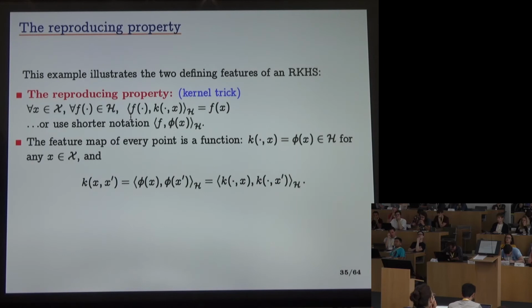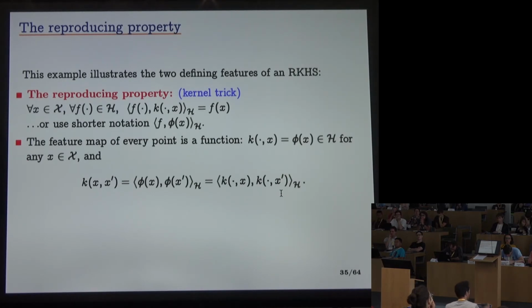So when people talk about the reproducing property, this is what they mean. Okay? The dot product of f with the features of x, or k dot x, is f of x. And in particular, the kernel between x and x prime is the dot product of features of x and x prime, or the dot product of k of dot x and k of dot x prime.